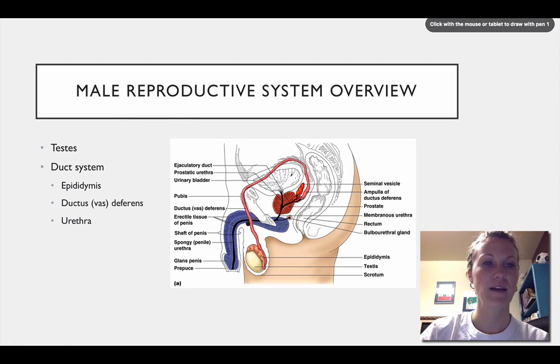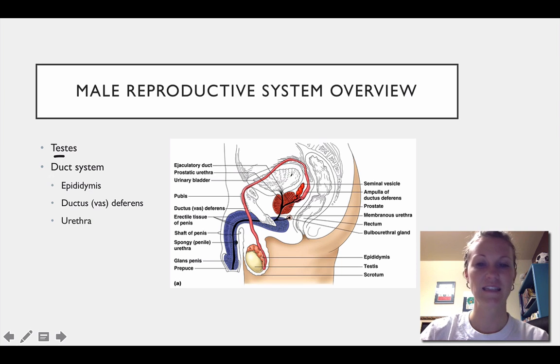So the male reproductive system is made up of a couple of different structures. We first have the testes, and in this diagram it's just showing a testis, this kind of yellowy structure right here. Basically, you have the testis, then you have the duct system.